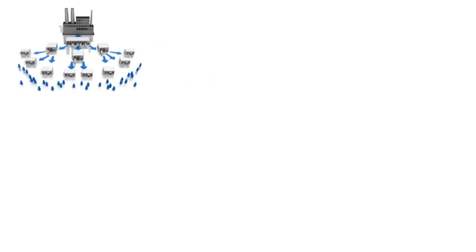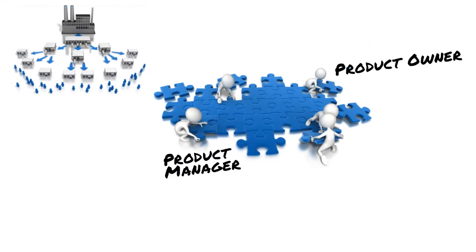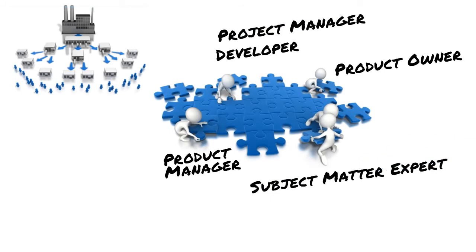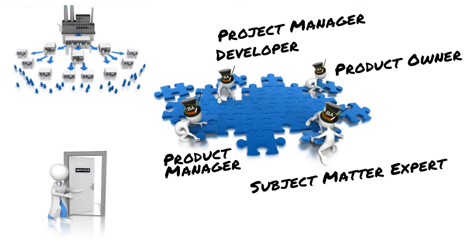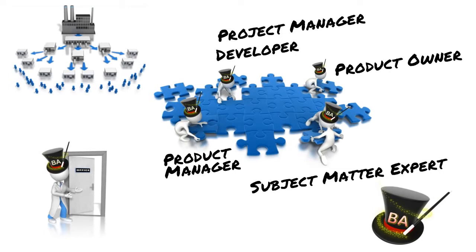In very large organizations, individuals with job titles such as product manager, product owner, developer, manager, subject matter expert, etc., actually do business analysis at every level. In smaller organizations, a single individual is often responsible for all scales of business analysis. Regardless of who is wearing the business analysis hat, he or she may or may not have the title business analyst.